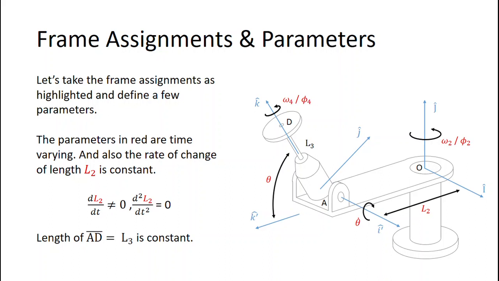That frame has a vector AD, and at point D we have a disk which is rotating about the little k axis at a rate of omega 4, and then we can assume that it makes an angle phi 4 from its initial condition. And also length L3 is constant, which is the length of the segment AD from point A to point D, whereas the length from O to A is time varying, and its second derivative is 0. So it's a constant velocity L2.